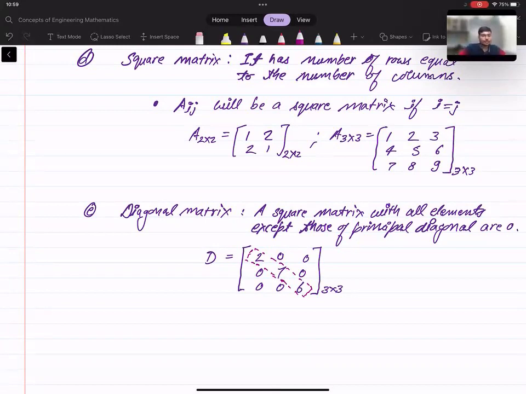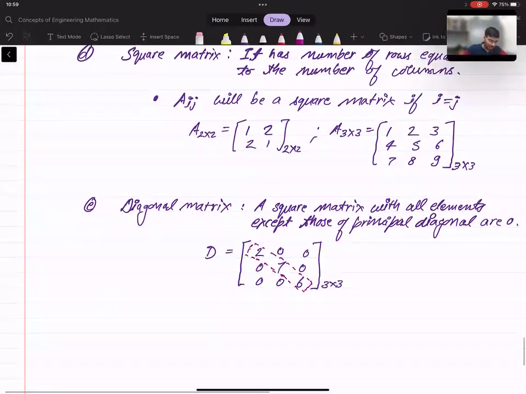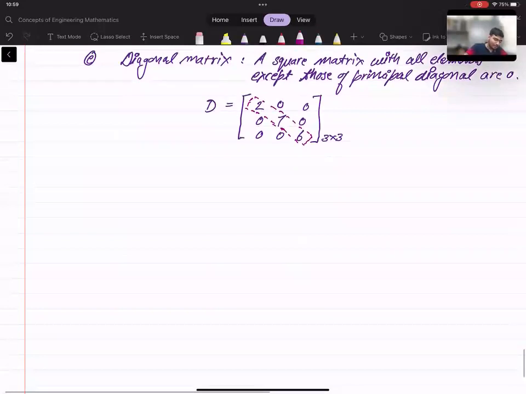Now the next one is a scalar matrix. So scalar matrix is nothing but again a diagonal matrix in which all the diagonal elements are same. So they will have a similar or single scalar value. In that case, it will be a scalar matrix.